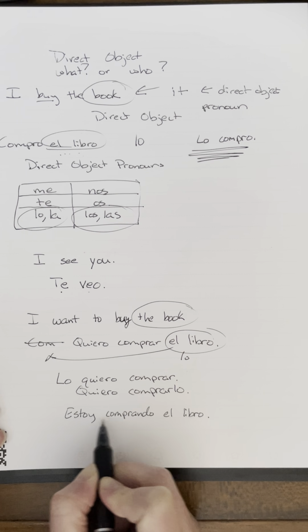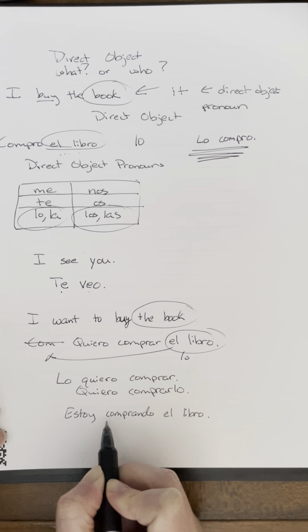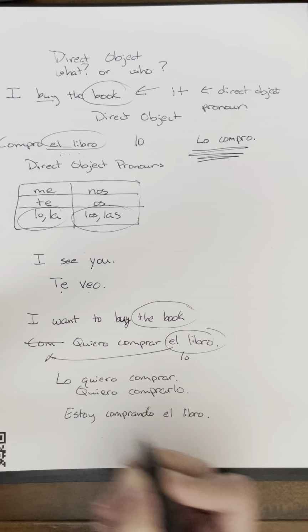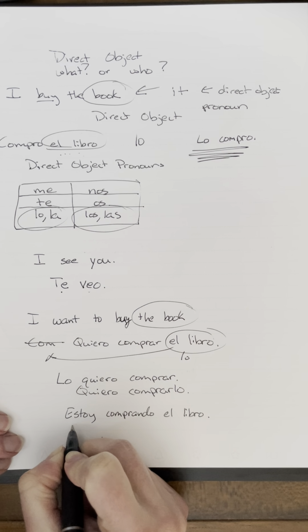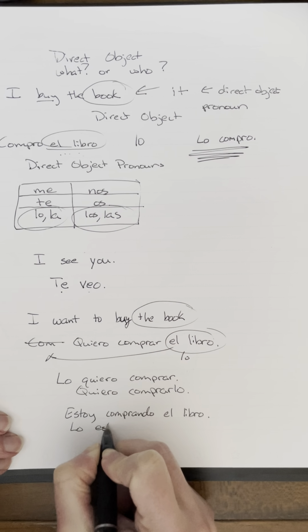I have to keep those together. So I can add it at the end, or I can add it at the beginning. Accent avoidance would be lo estoy comprando. But if I want to put it at the end, I actually do need an accent mark, and it would be estoy comprándolo.